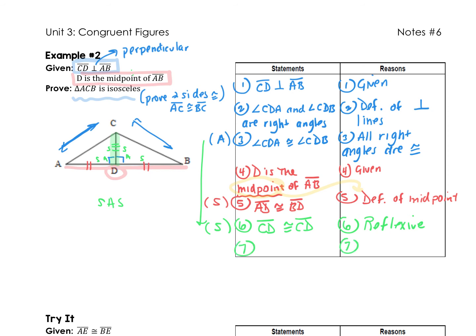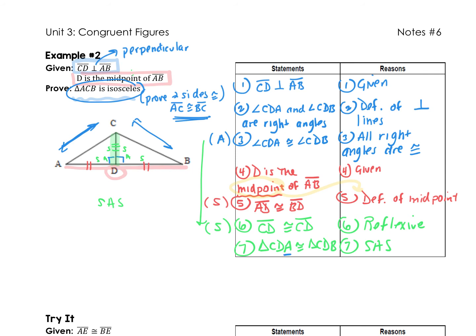So it'll be triangle CDA congruent to triangle CDB by side, angle, side. Right, believe it or not, we're almost there in our proof. Remember, we're trying to prove the triangle is isosceles, so we wanted to prove AC congruent to BC. So check it out.